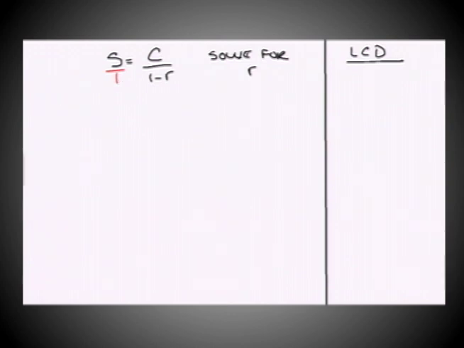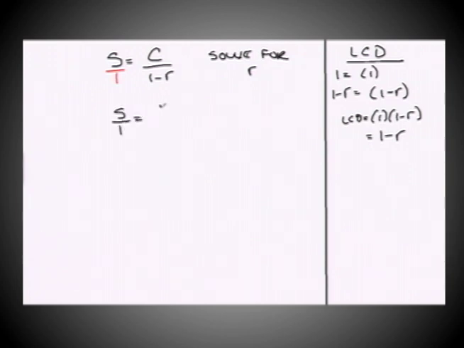So I have two denominators. One has a factor of 1 in it, and that's it. And then I have 1 minus r, which has a factor of 1 minus r. So our LCD is 1 times 1 minus r, which is just 1 minus r. So I'm going to multiply each term in this equation by 1 minus r, the LCD.